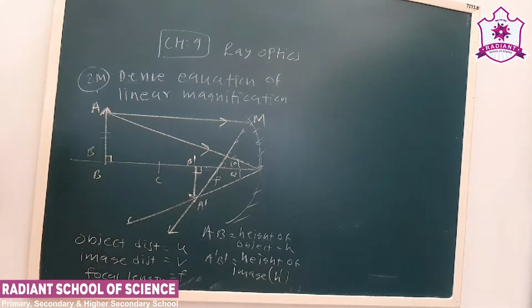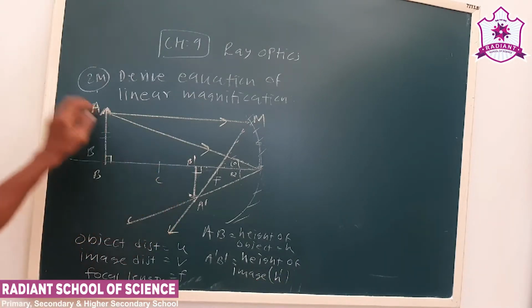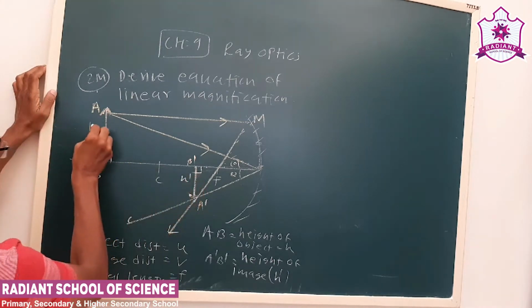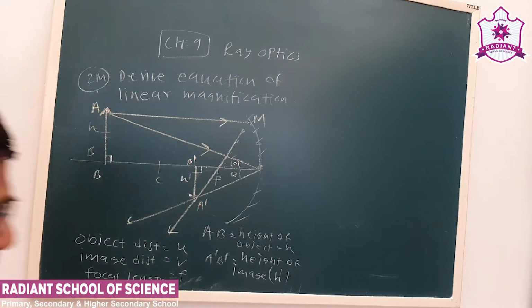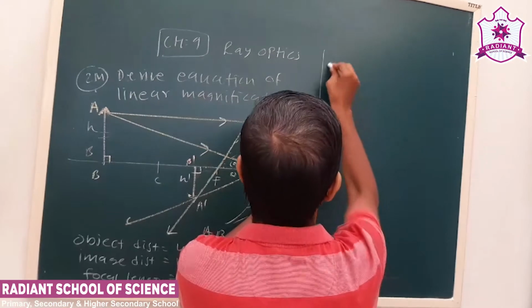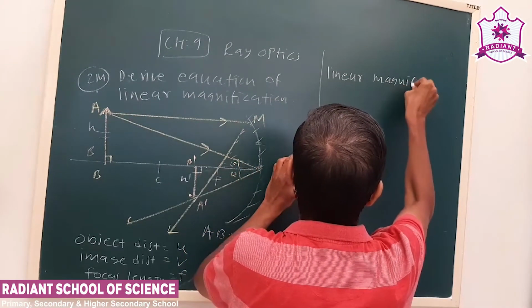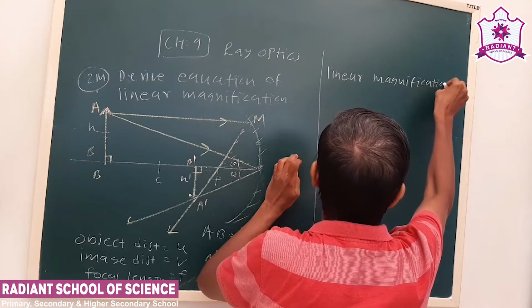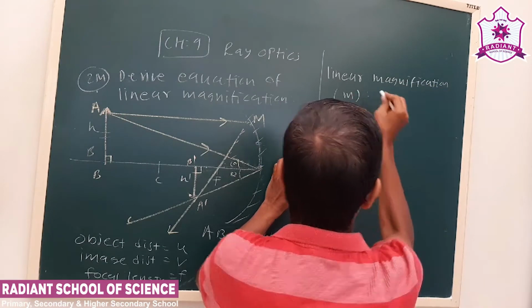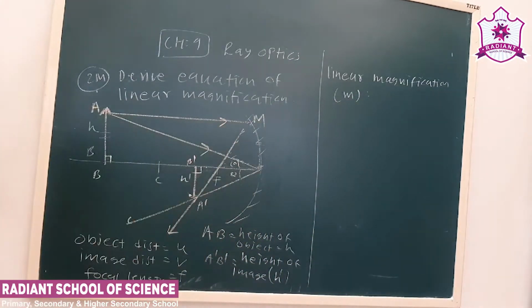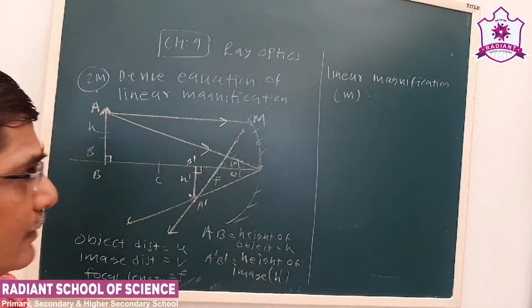Then we have taken H dash. The ratio of the height of the image to the height of the object is called linear magnification. It is denoted as M.